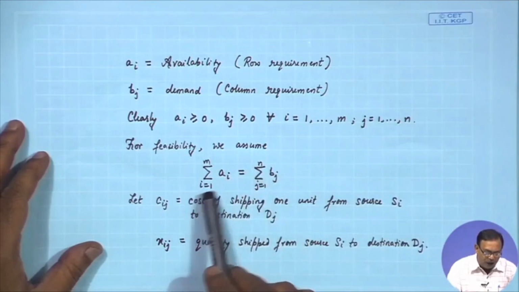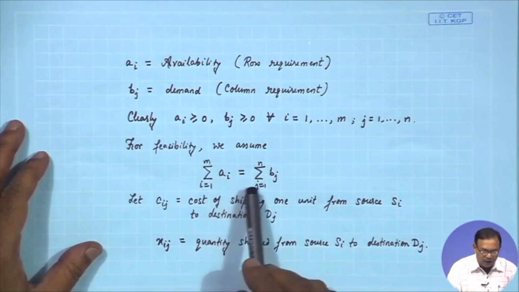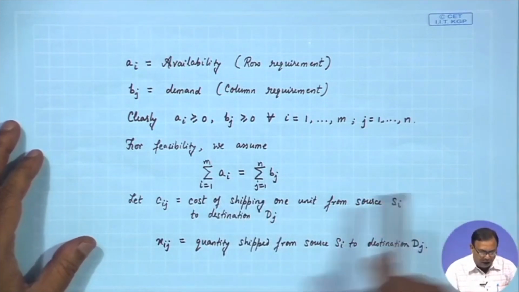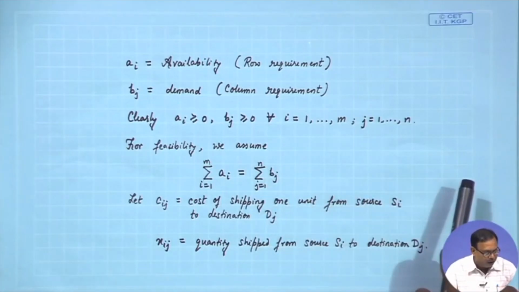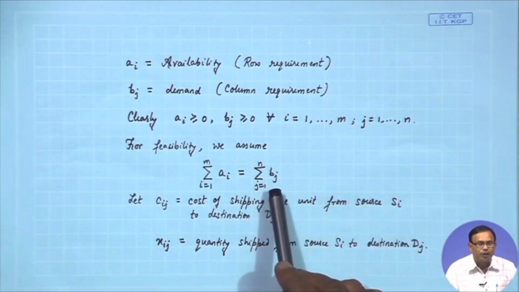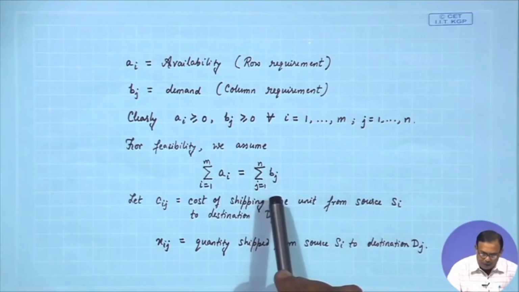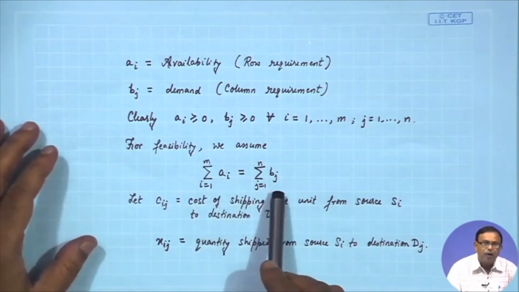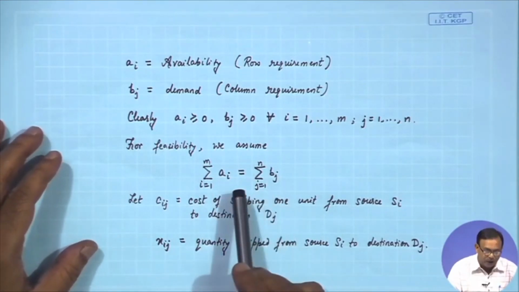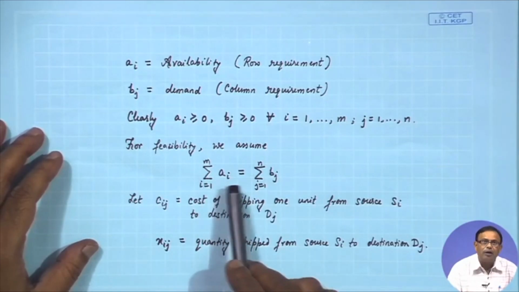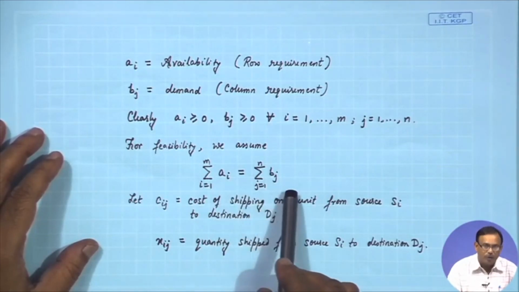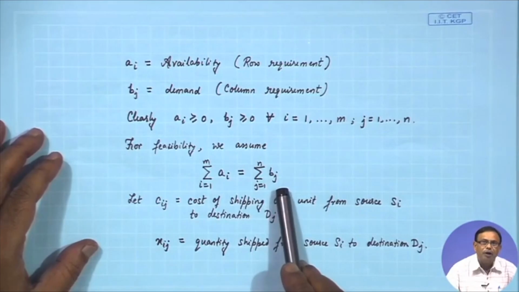Therefore, the summation for i equals 1 to m of a_i should be equal to the summation for j equals 1 to n of b_j. That means, summation i=1 to m a_i equals summation j=1 to n b_j.